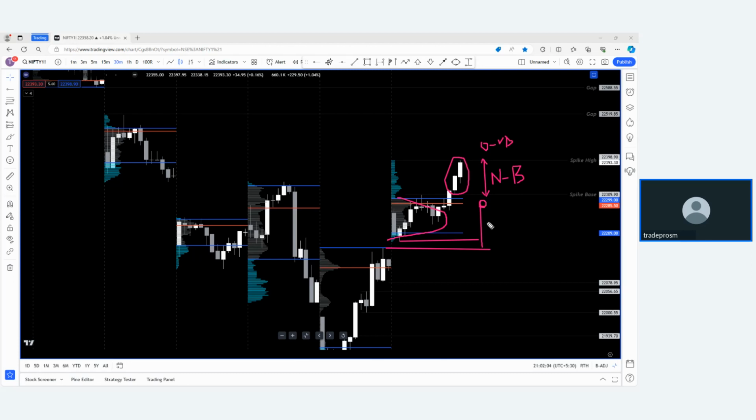Now we'll analyze how much probability there is for each of these 3 scenarios. For the first scenario, the possibility is very less. Say I give 40% for the first scenario to happen. And the third scenario, that is the market ignoring the spike and opening below the spike base, I give say a 20% chance.